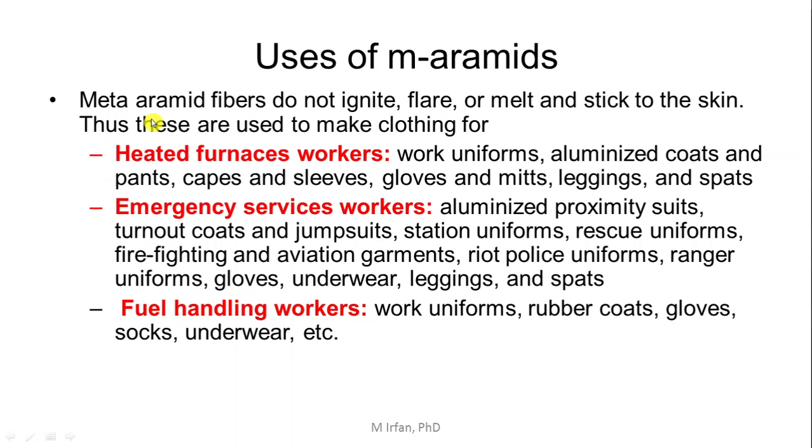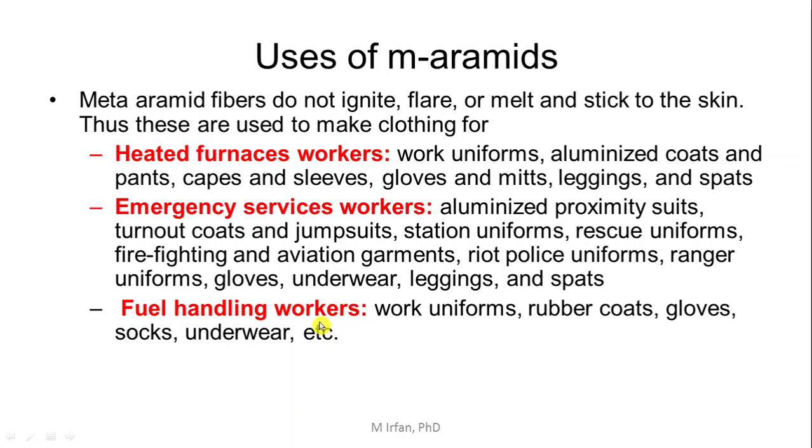Because meta-aramid fibers are fire resistant, they do not melt and drip and therefore they do not stick to the skin during fire. Therefore, these fibers are used to make clothing for the workers who are exposed to the danger of fire. For example, clothing for the workers of heated furnaces, emergency services workers, fuel handling workers, because these workers are directly exposed to the hazard of fire.